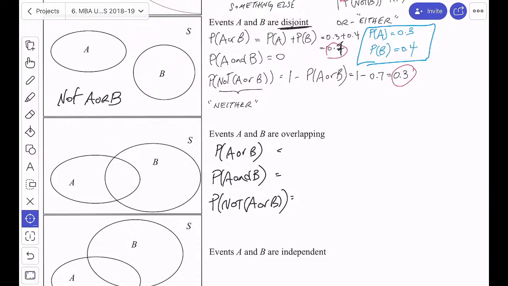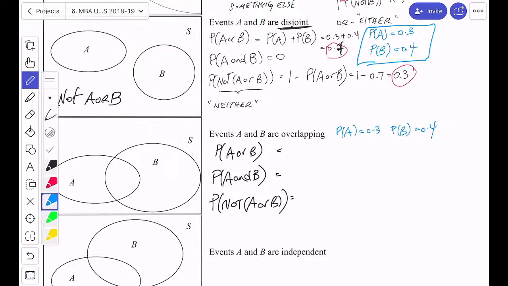So in this one, I have hair color, manicure, both, and other things, possible other services. So let's stick with saying they're overlapping. A is 0.3, B is 0.4. So what's the chance of A or B?